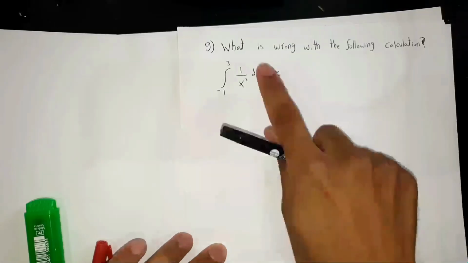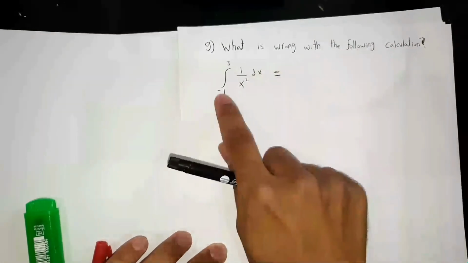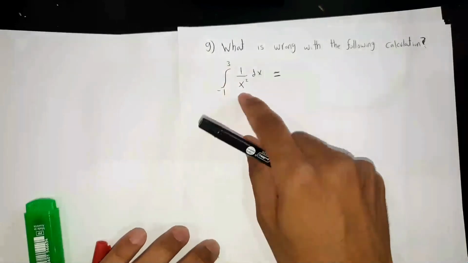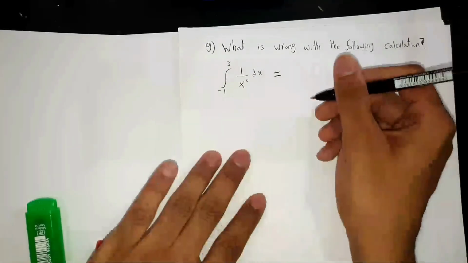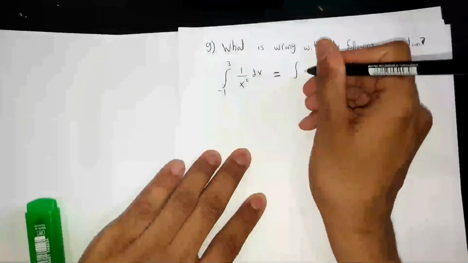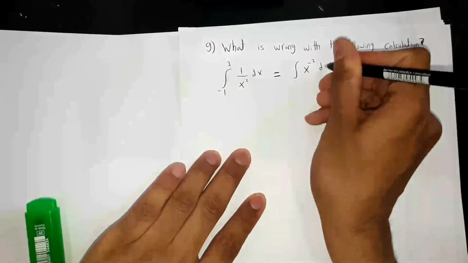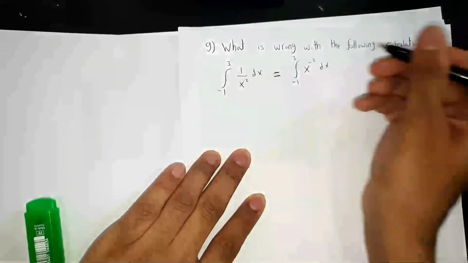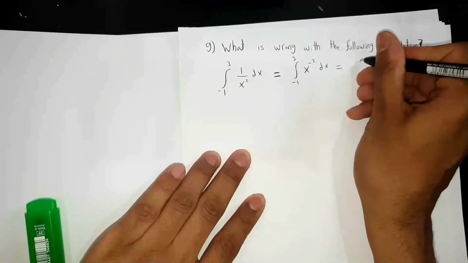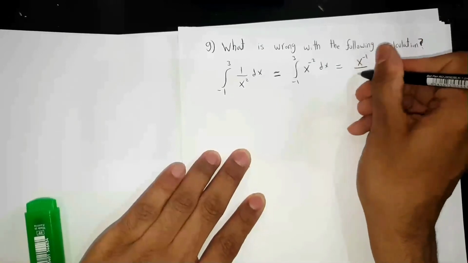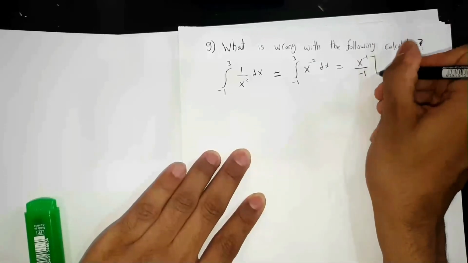Part G, he said, what is wrong with the following calculation? The integral from minus 1 to 3 of 1 over x squared. We will complete the question together to understand. 1 over x squared can be written as x to the power minus 2 dx from minus 1 to 3. He said to integrate this, just give me an antiderivative, that is x to the power minus 1 divided by the new exponent, which is minus 1.